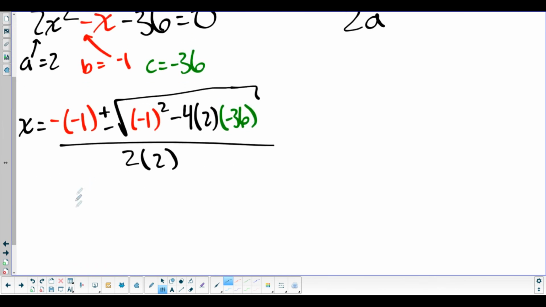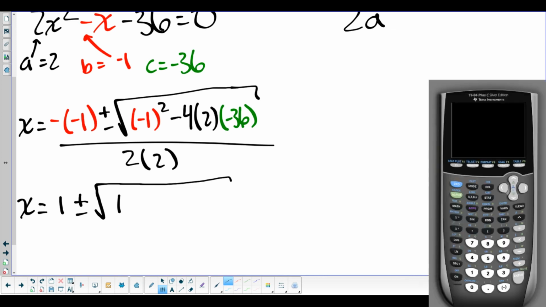Well, really what this is now is I can simplify it a little bit nicer. I get x equals negative 1 is just positive 1, plus or minus the square root. Negative 1 squared is just 1. And then I have to think about what is negative 4 times positive 2 times negative 36.